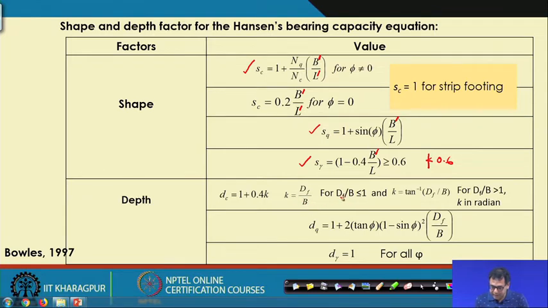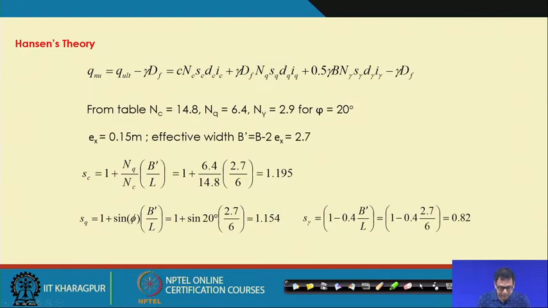As Df by B is less than 1 in this case, we will use this expression, and then this expression, and D gamma is always 1 for all phi. Now if I go for this one, I will get this B dash, and the Sc value, this is also B dash.